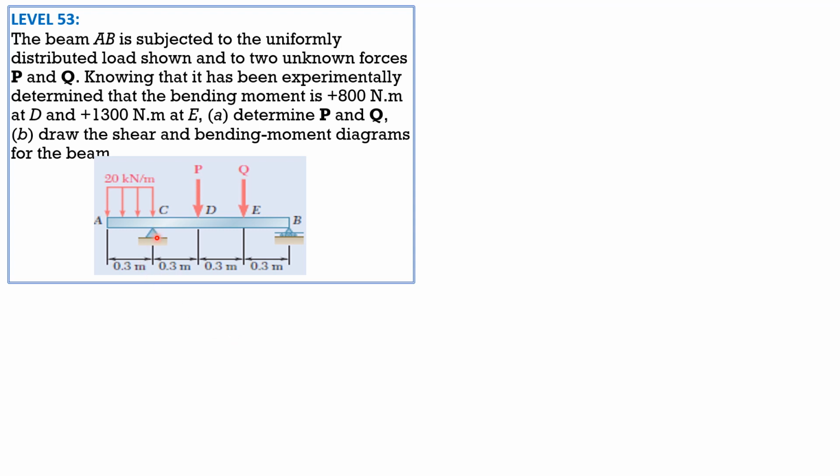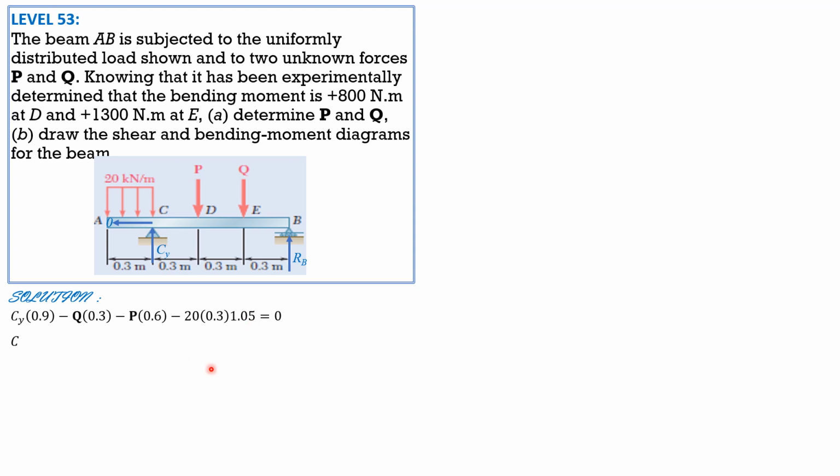So let's call the reaction at C, the vertical as Cy, and Cx is 0, at B, R sub B. Summation moment about B equals 0. So we have Cy times 0.9 minus Q times 0.3 minus P times 0.6 minus 20 times 0.3 times 1.05 meter equals 0. So 0.9 plus 0.15, 1.05.